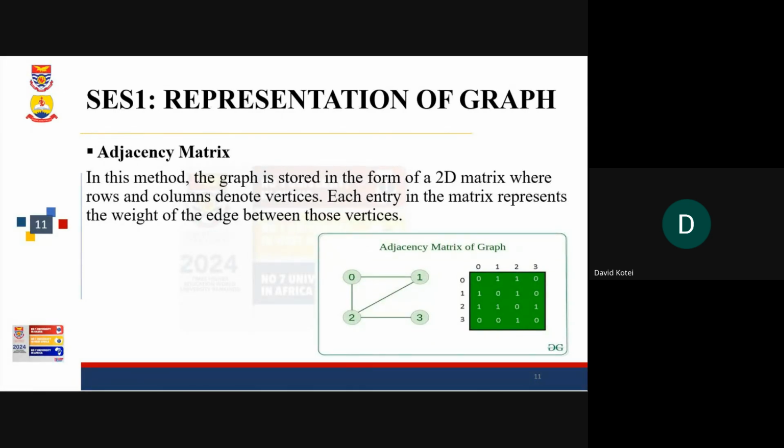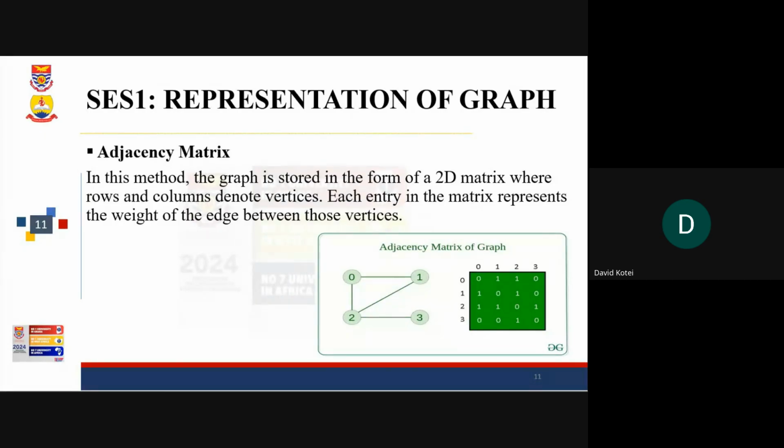When you come down to node 1, 1 is linked to 0. So there's a link there, and you represent it with 1. On the row of 1, we have 1 under the 0.